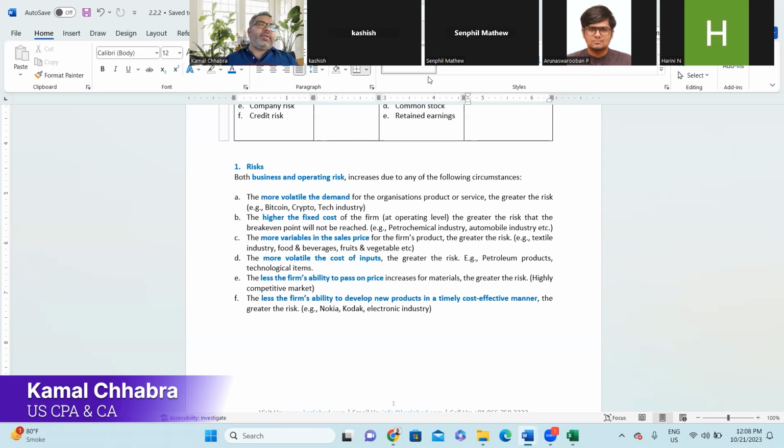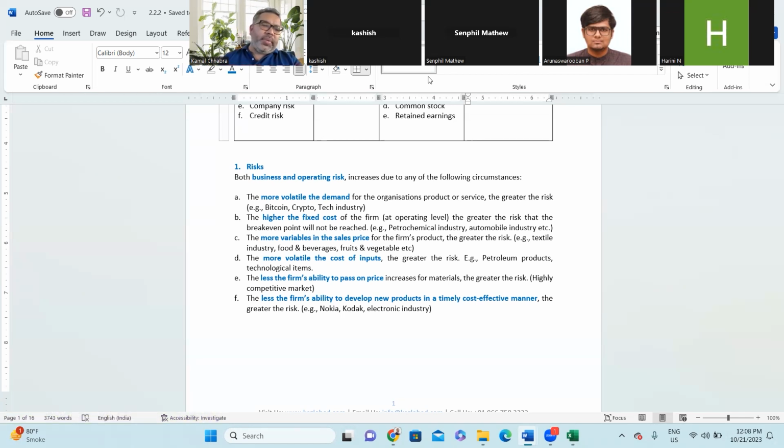On the other hand, we have discussed constraint to variable consideration, which results in a reduction in the price, right? That may be on account of giving loyalty points, reward points, or providing a discount to the customer.